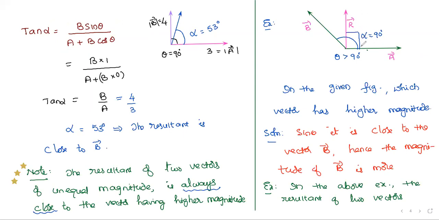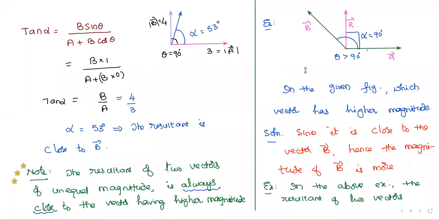The resultant is perpendicular to the lesser magnitude, which means the angle between them, immediately you have to understand one point. The resultant is coming perpendicular to one of the vectors, which means the angle between the two vectors is more than 90 degrees or less than 90 degrees.